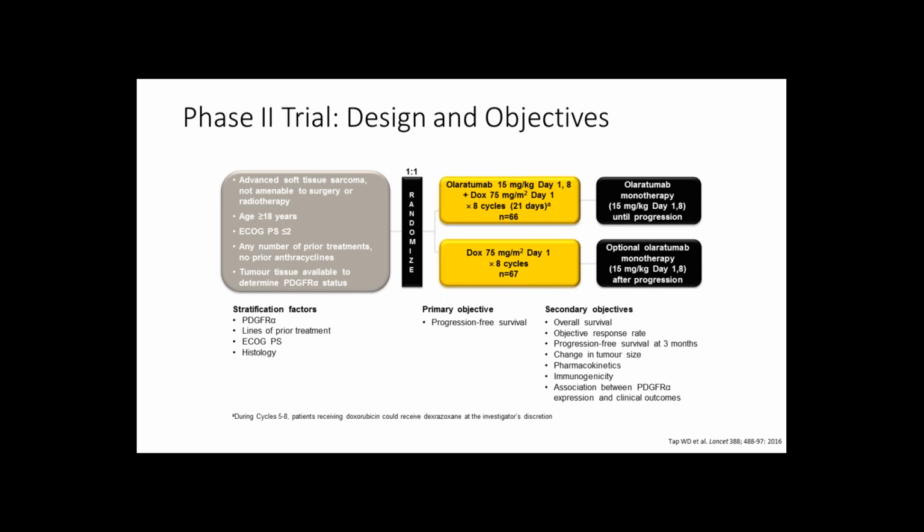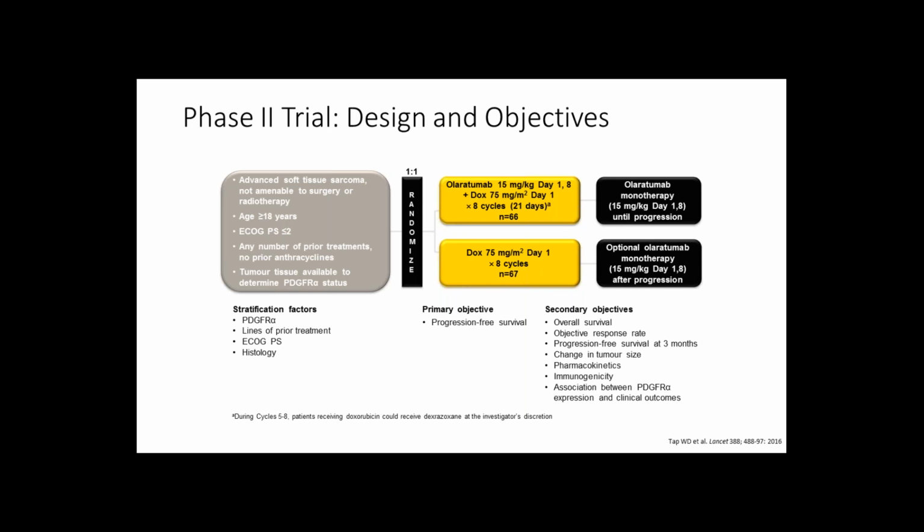Those allocated to the combination arm could carry on with single agent Olaratumab until disease progression. Those randomized to receive single agent doxorubicin had the option of Olaratumab monotherapy following progression.